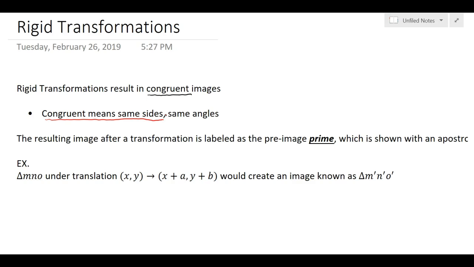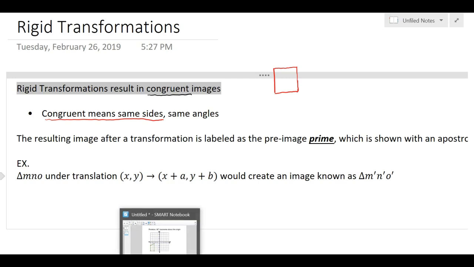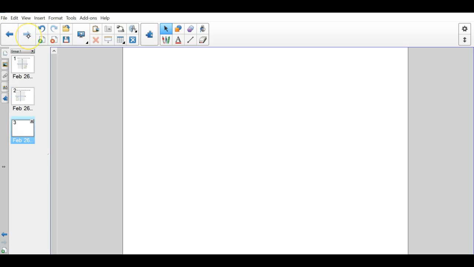So the idea is I could take this poorly drawn shape that I'm about to fill in right here. I can take any image like this poorly drawn triangle and I could move it.